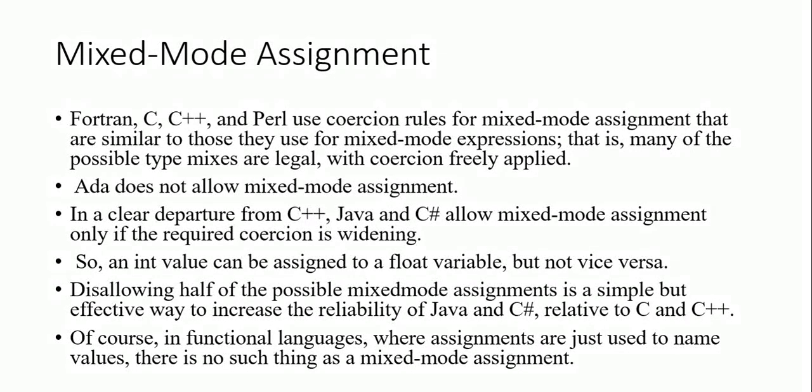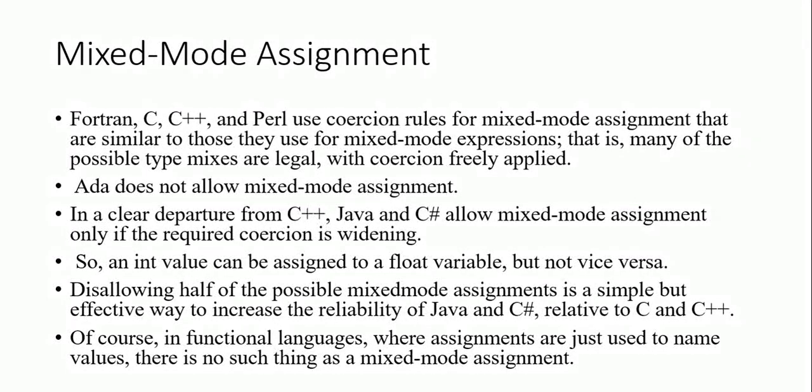Okay, we know mixed mode expressions. So there we have mixed values, that is, different operands will have different types. So here also we are trying to assign a variable to another variable, but their types are different. Suppose A is equal to B, but we are actually expecting A and B of the same type.